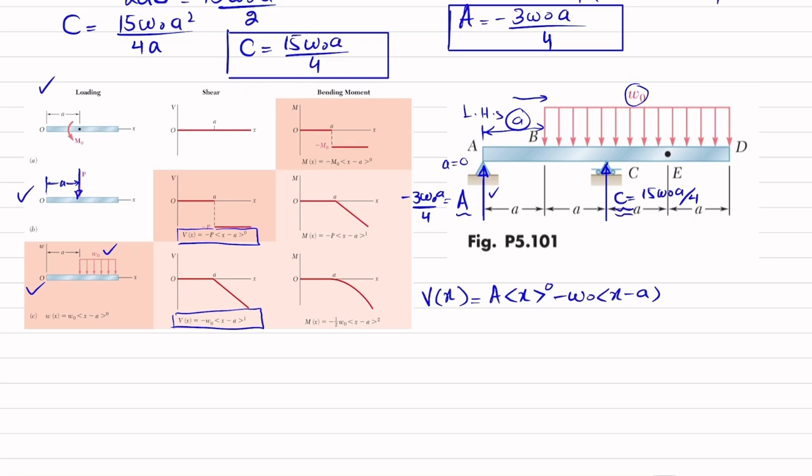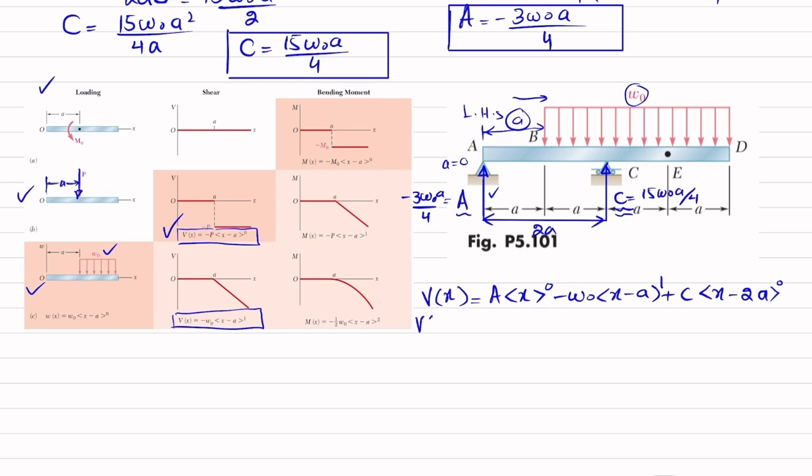You can see this is a point load and it is upward, so we will again use this equation. So it will be plus C into X minus 2A to the power 0, since it is now acting at a distance of 2A from point A. And for the distributed load, this power is 1.